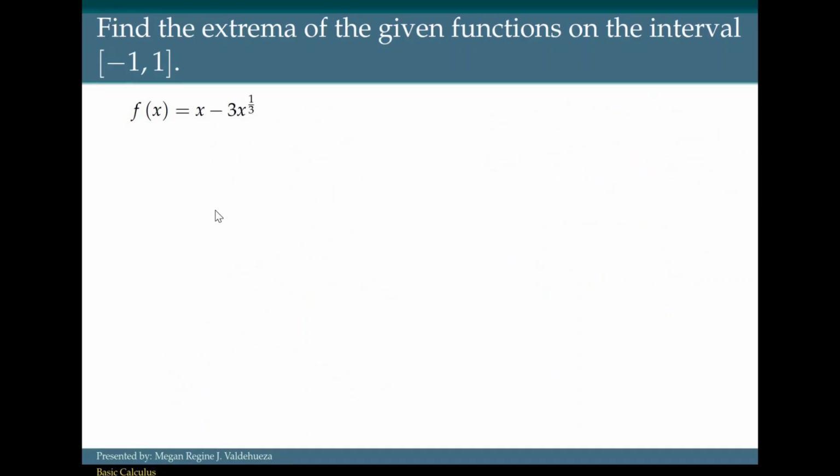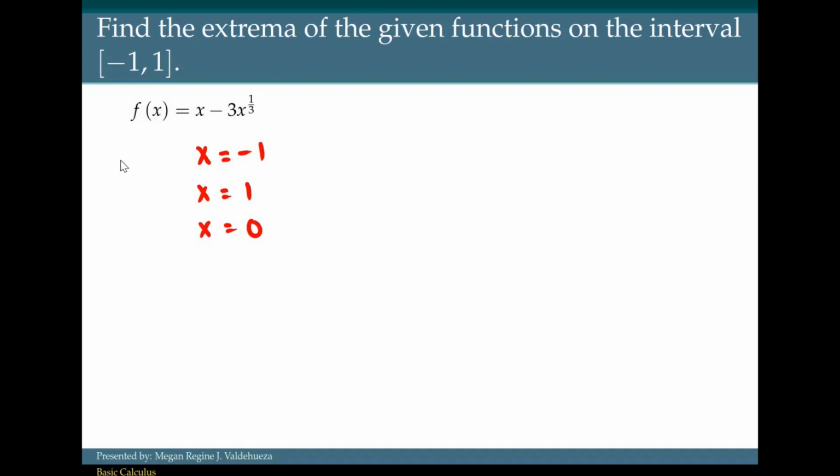So another function, we have the critical points of this function are negative 1, positive 1, and 0.